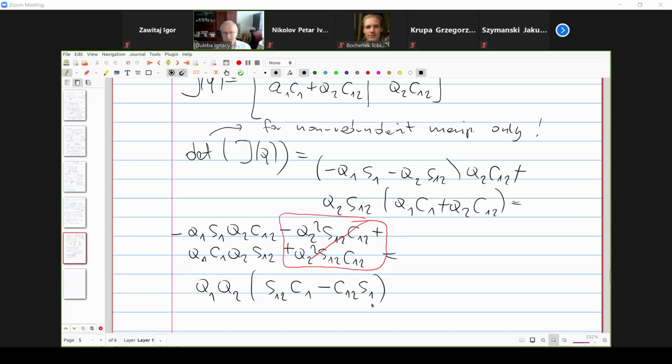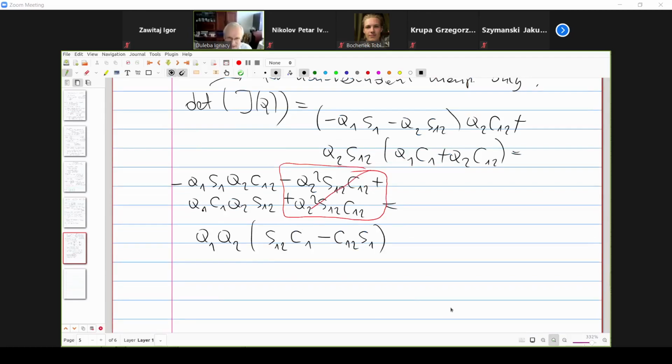Okay, so the determinant looks like this, but probably you remember the formula for sinus alpha minus beta: sinus alpha cosinus beta minus cosinus alpha sinus beta.